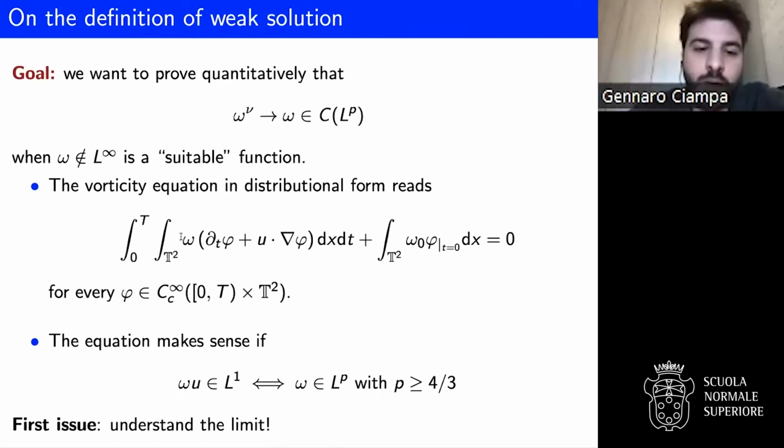In fact, if you write the vorticity equation in a distributional form, you can see that the problem is in the nonlinearity. So this weak convergence is enough if p is bigger or equal than this number here, 4/3. So the first issue, let's say, in this type of question is to understand what the limit omega is, if it is a solution, and in what sense.